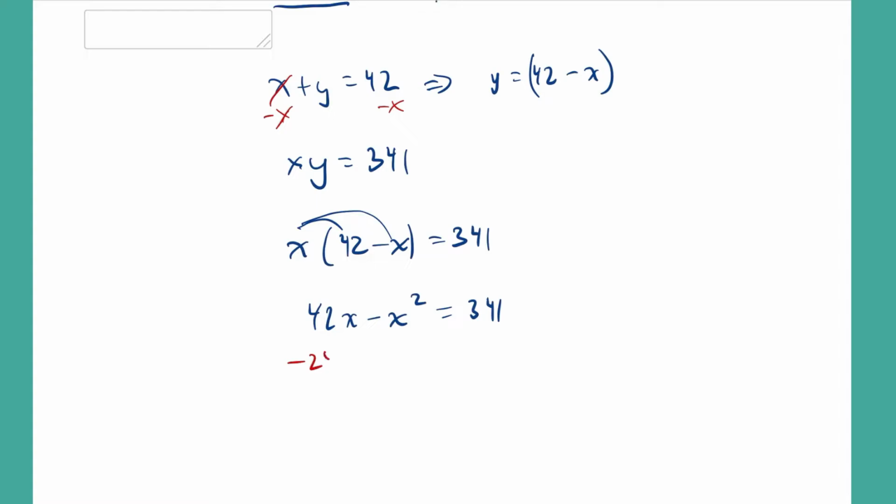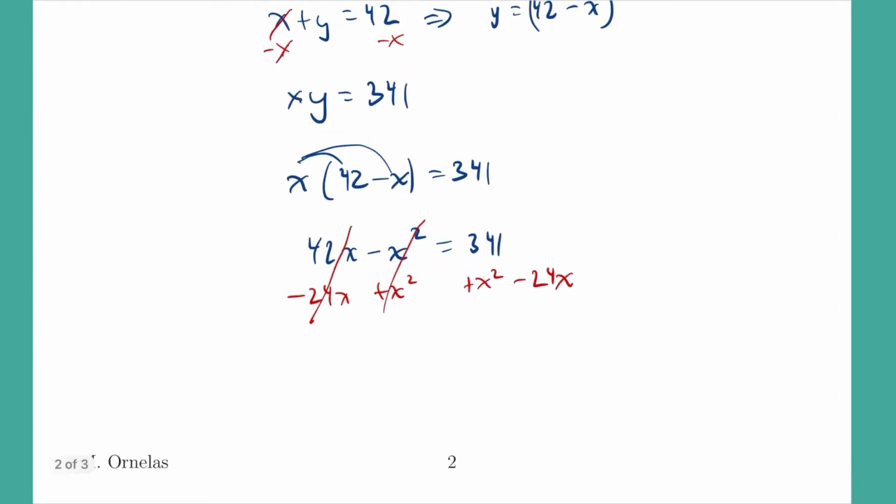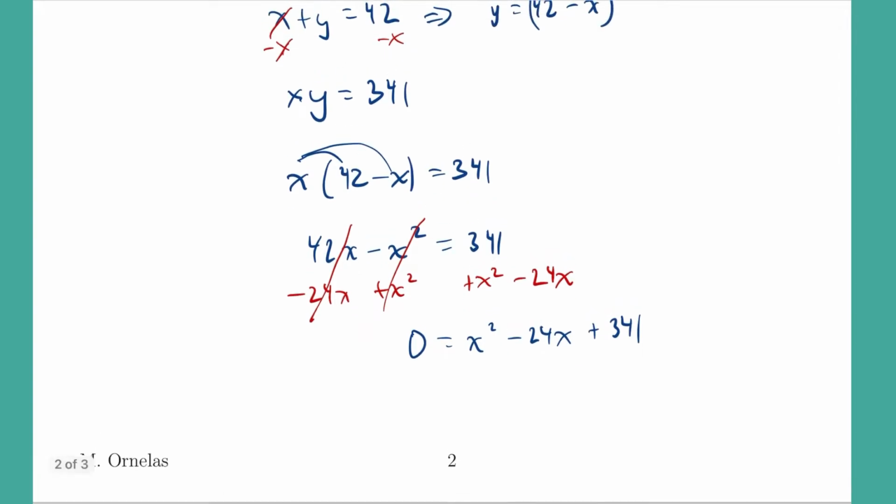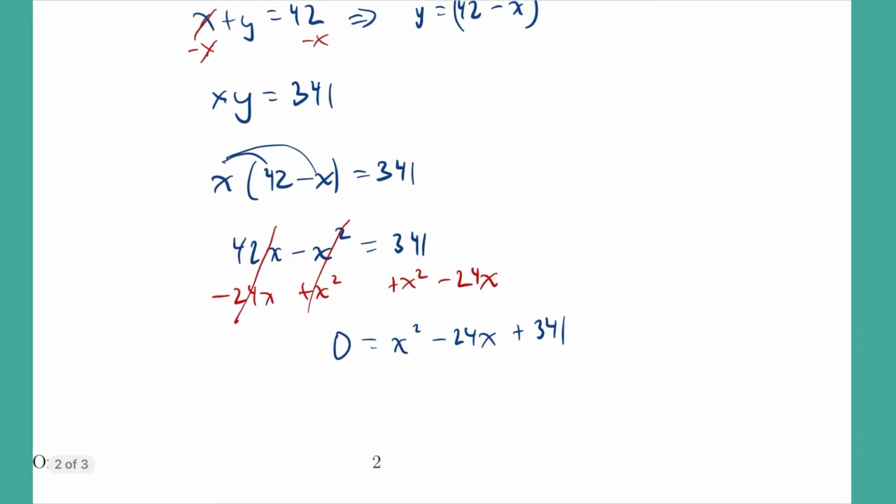So if I do that, we should get 0 equals x squared minus 42x plus 341. And so now we have an equation that we need to factor. So let's see if we can do that. This one should be a little bit challenging because this number is very large.